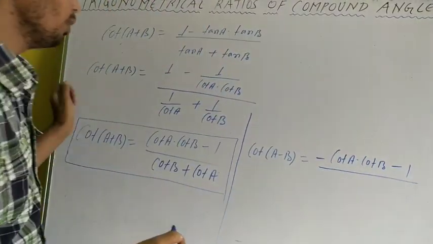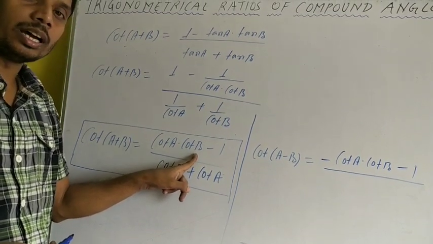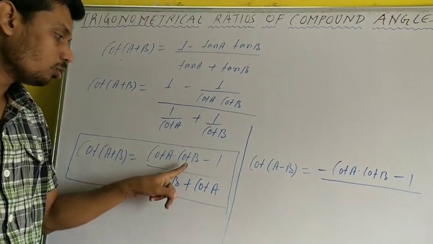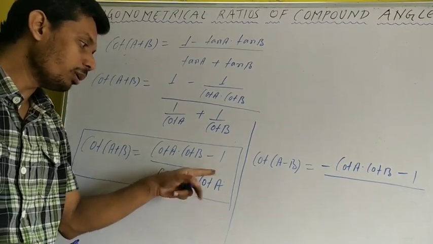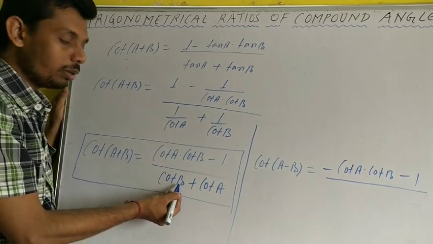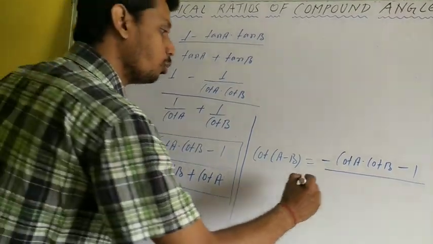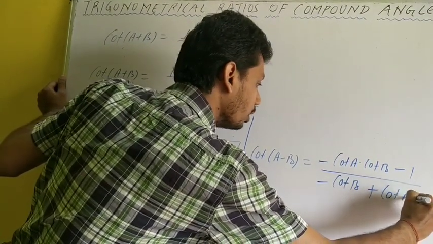How is this coming? We are replacing b by minus b. So cot(minus theta) is equal to minus cot theta. So cot of minus b will be minus cot a into cot b, minus 1 was already there. Now here if we replace b by minus b, cot(minus b) will be minus cot b, and plus cot a.